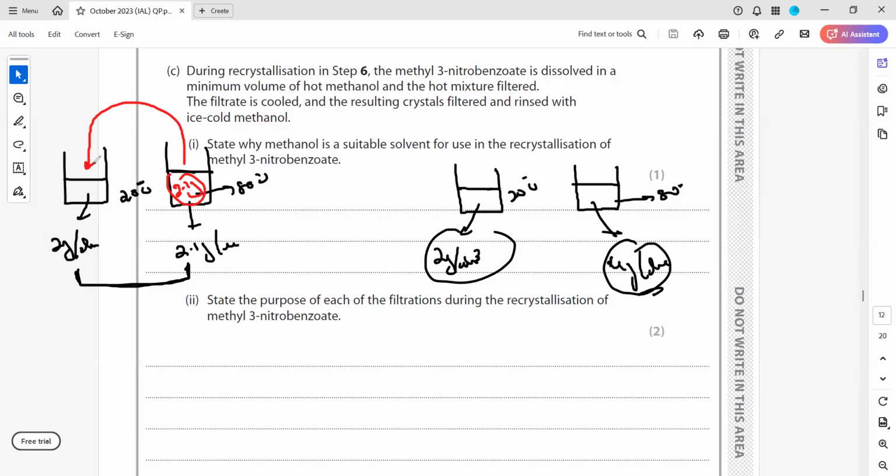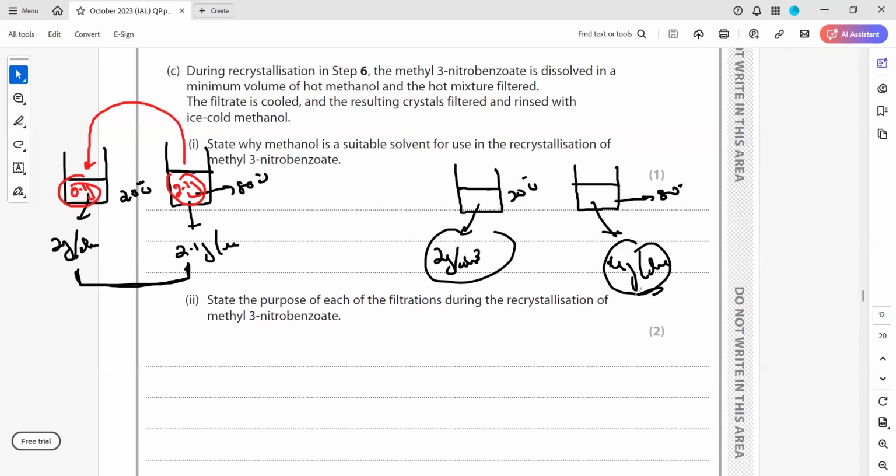When I do recrystallization, 2 gram will remain dissolved, and how much will I get? I will get 0.1 gram. So if there's a small difference in the solubility, a small amount will recrystallize.